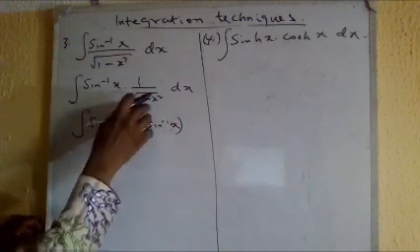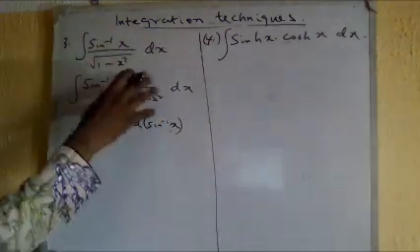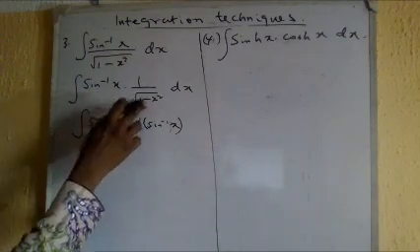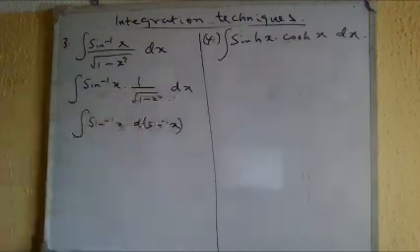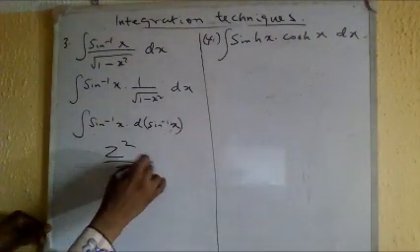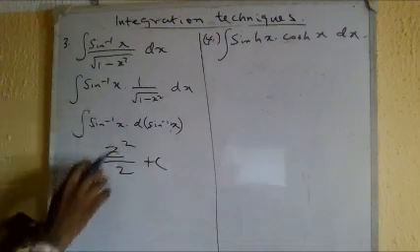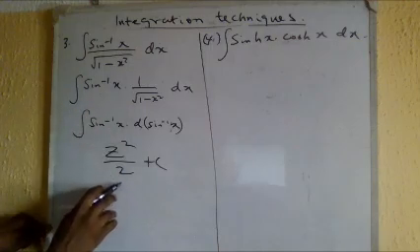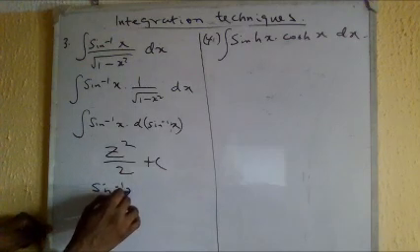So check out all those videos on the standard differentials. So when this condition is met, I'll just apply that the first one, that is z, the one that's differentiated, is the one that will have the square over 2 plus c. So I come here, I say sine inverse of x all squared over 2 plus c.